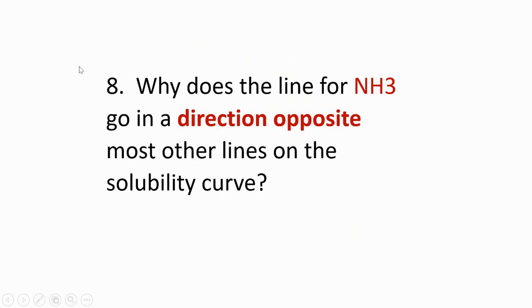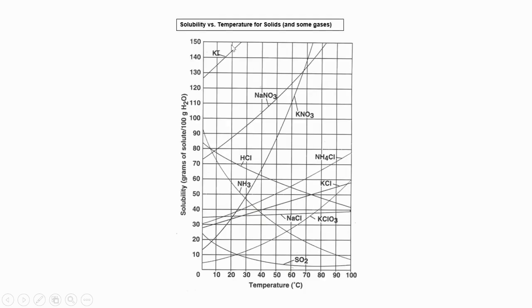Next question. Why does the line for NH3 go in a direction opposite most of the other lines? Most of the lines you can see are increasing with increasing temperature, but some are decreasing. In a previous video, we talked about the effect of temperature on solubility and said that most solids increase in solubility as the temperature goes up.